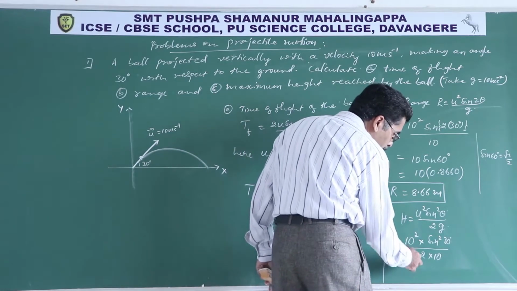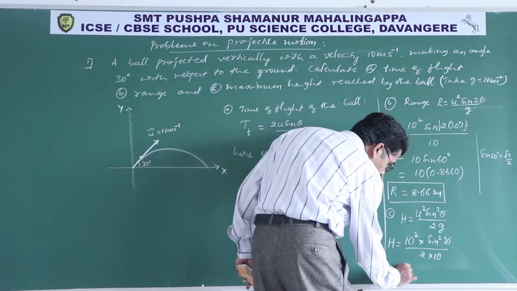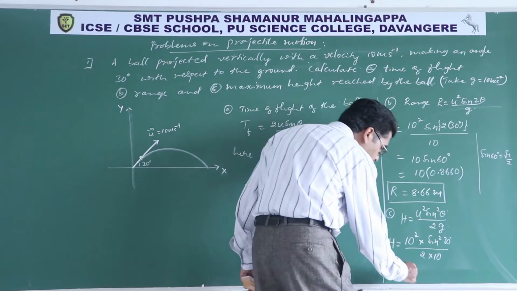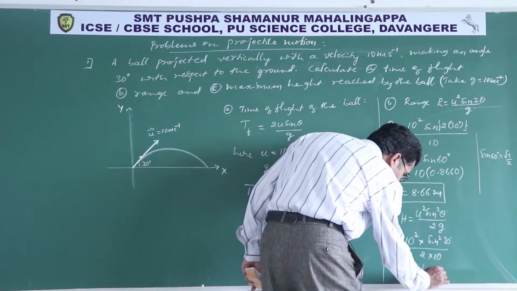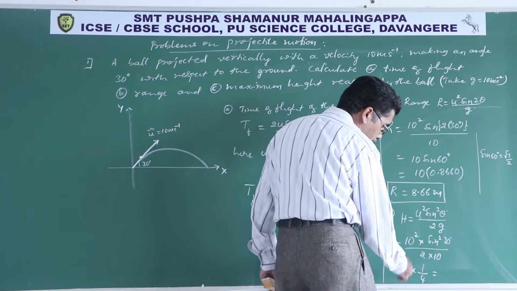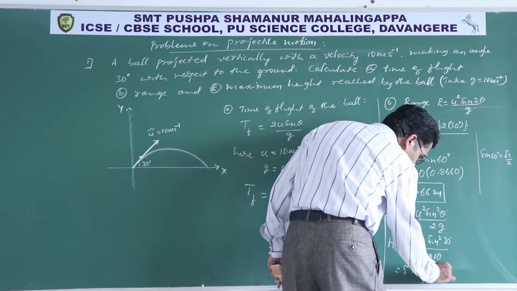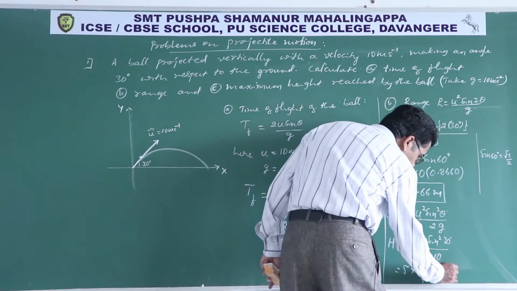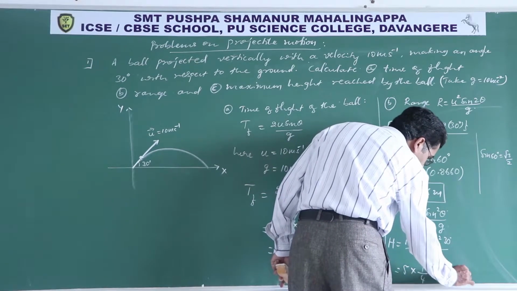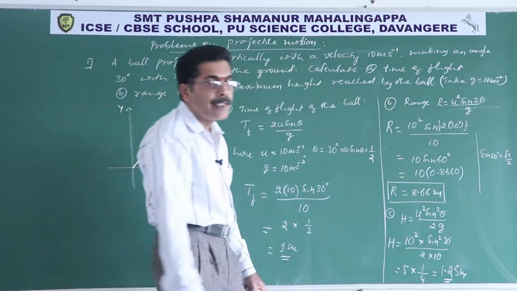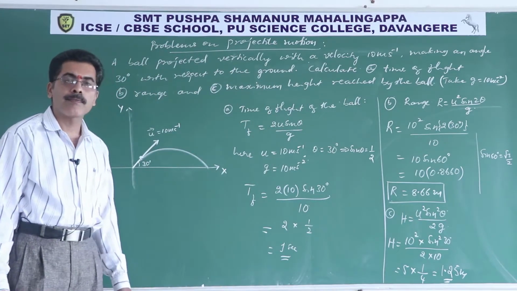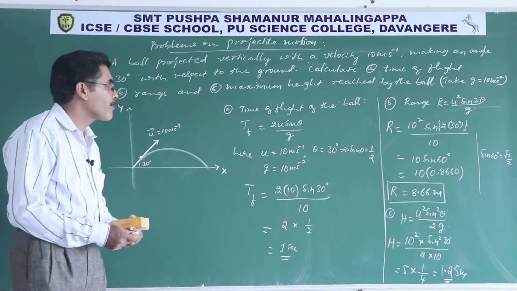What remains? 10 by 2 is 5, and sin 30 is 1 by 2, sin square is 1 by 4. Therefore you are going to get 1.25 meter. So the maximum height reached by the ball is just 1.25 meter. Have you got it?